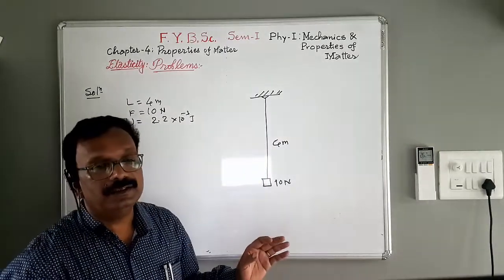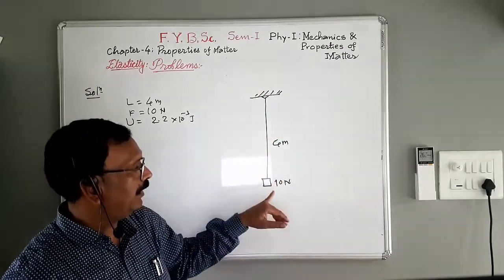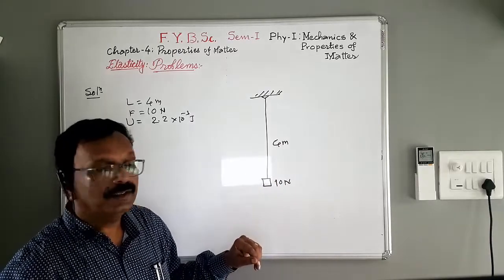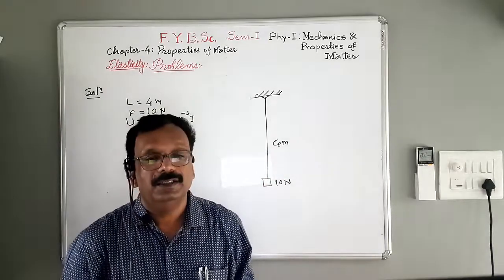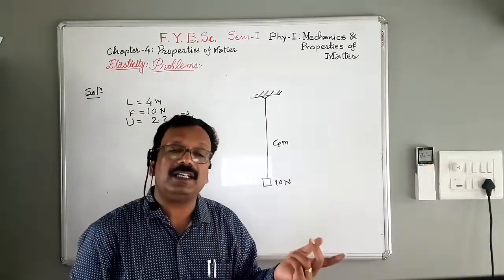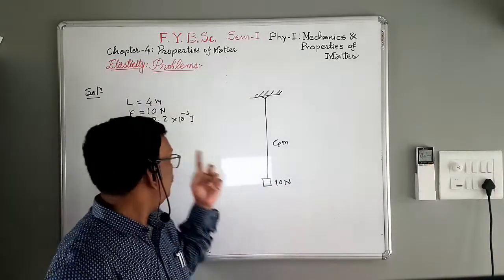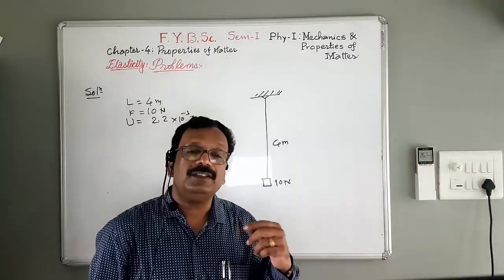There is a steel wire whose one end is fixed to the ceiling and a load of 10 Newton is applied to its free end. The length of the wire is 4 meter, and when we stretch the wire by a certain strain, at that time the energy stored in the wire is given. Now we have to calculate the strain.